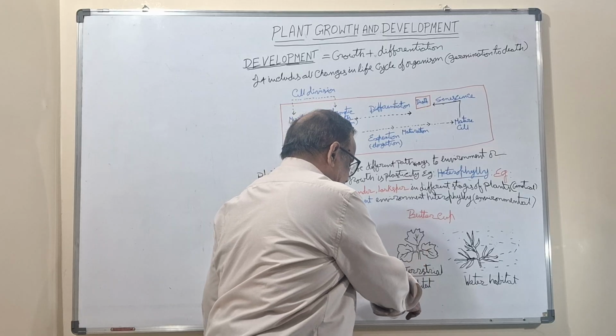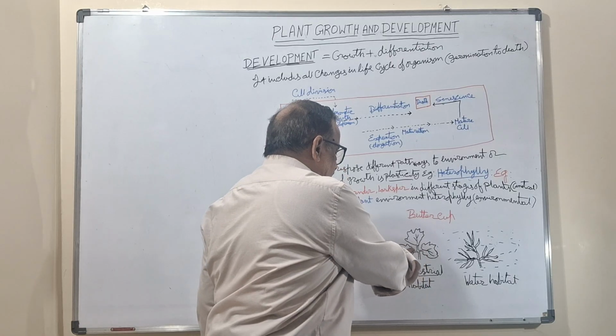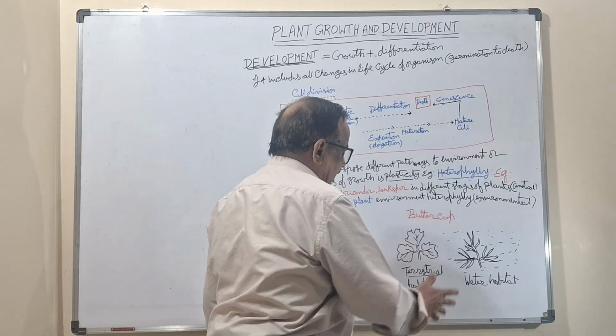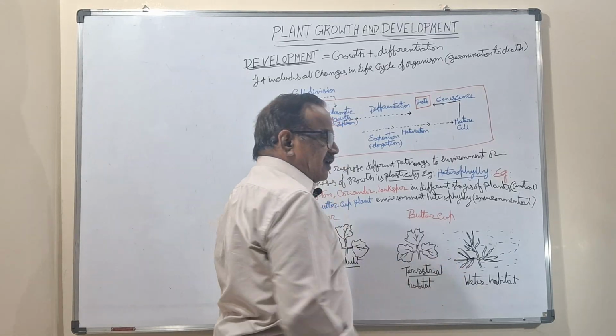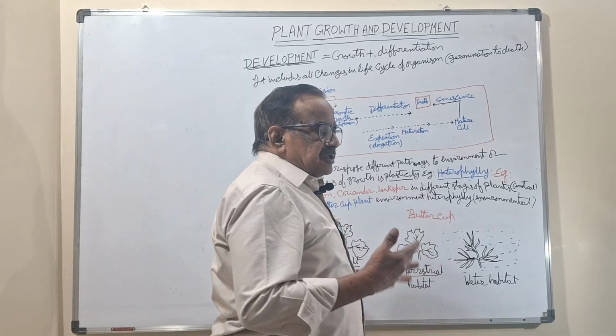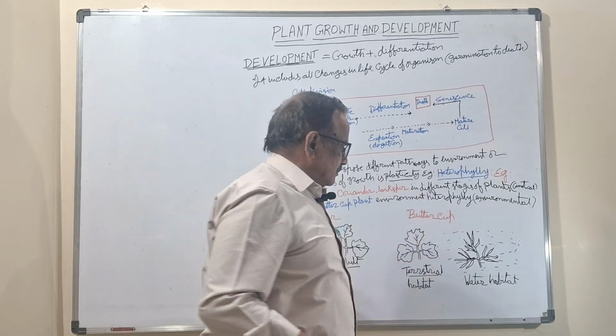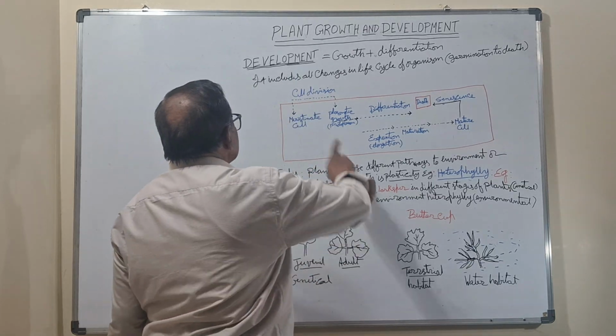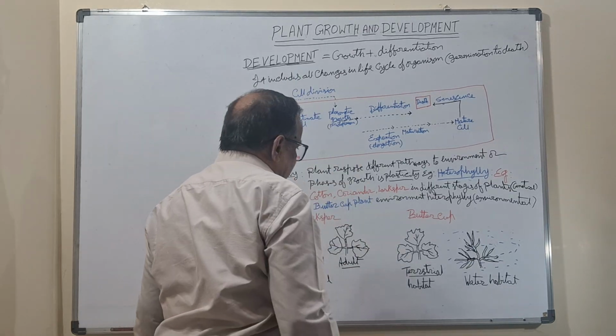Whenever it is growing on land, it shows the trifoliate palmate compound leaf. And whenever it is growing in the water habitat, it used to produce leaves which are split, serrated. So such type of things we can see in different stages of the development.